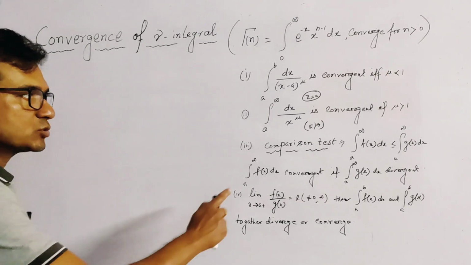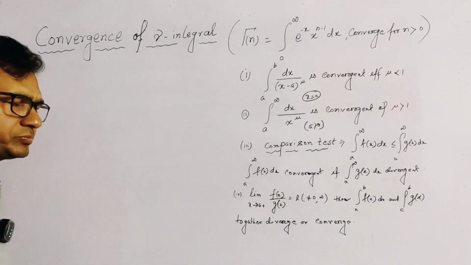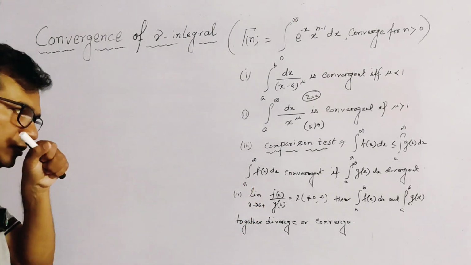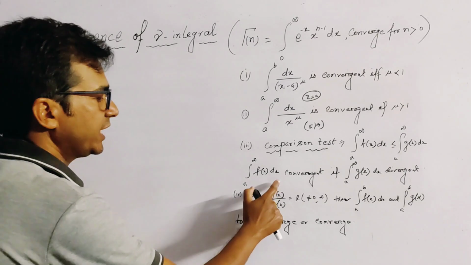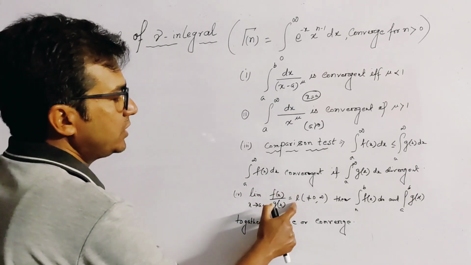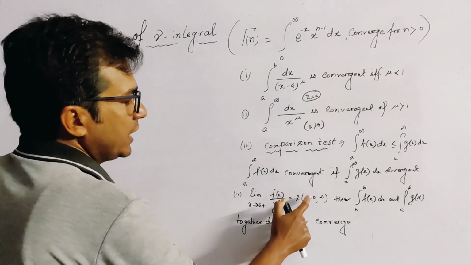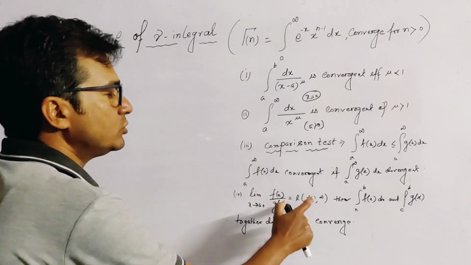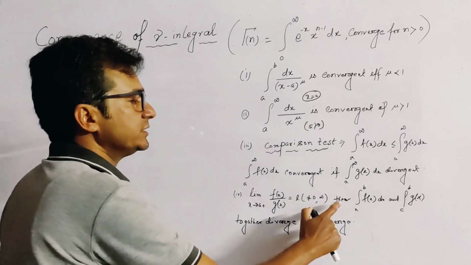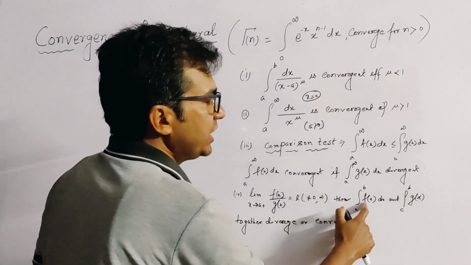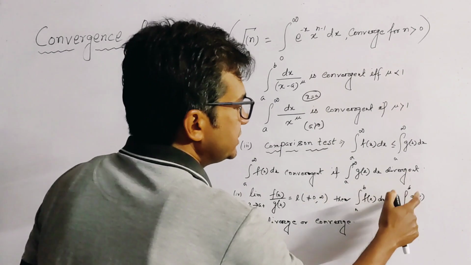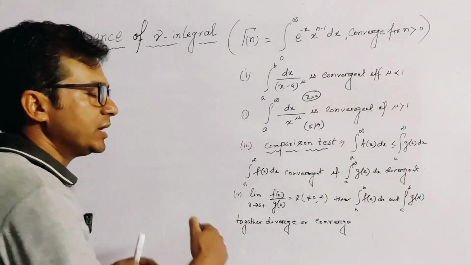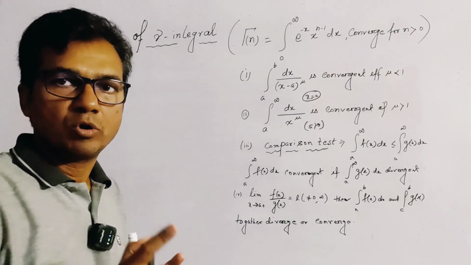And the last result is the comparison test of limit form. If the limit as x tends to a, sorry, of f(x) by g(x) is equal to L, where L is not equal to 0, that is non-zero finite, not equal to 0 and not equal to infinity, then integration a to b f(x) dx and integration a to b g(x) dx behave alike: together either divergent or together either convergent.